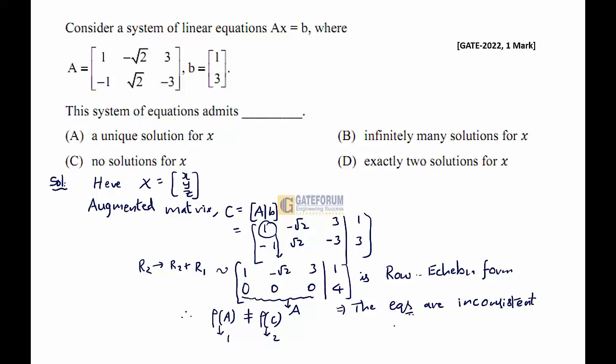Therefore, the equations admit no solution for X. X means a column matrix here. Accordingly, the option is C. This is the end of the question.